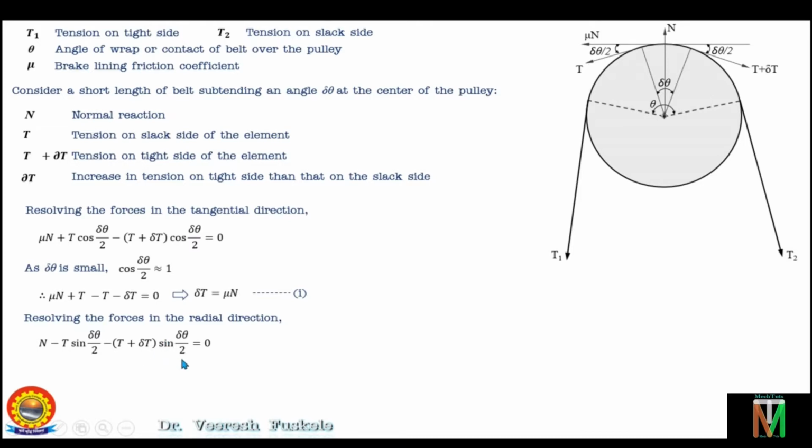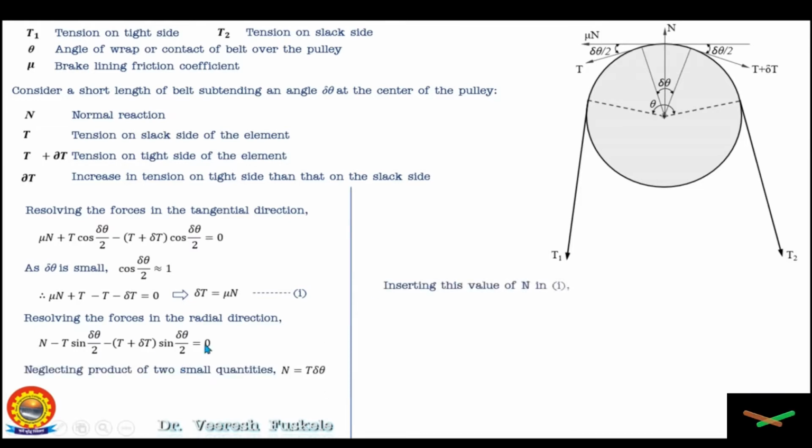Now neglecting the product of small quantities, so delta T into delta theta will be a small quantity. Neglecting the product of delta T and delta theta, we will have minus T delta theta by 2 and minus T delta theta by 2 from here. So these both add up and give us T delta theta. So finally N will be equal to T delta theta.